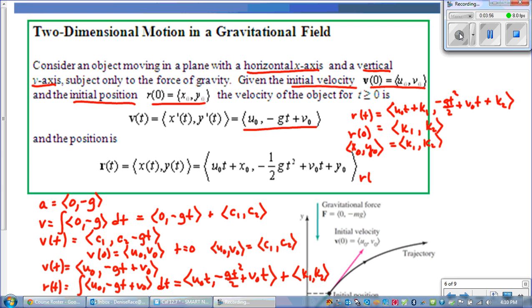So that means r of t is u naught t plus x naught, minus gt squared over 2 plus v naught t plus y naught. And that's exactly what we have here. So given that the only thing acting on this object is gravity, we can find what the velocity and the position vector are for these functions.